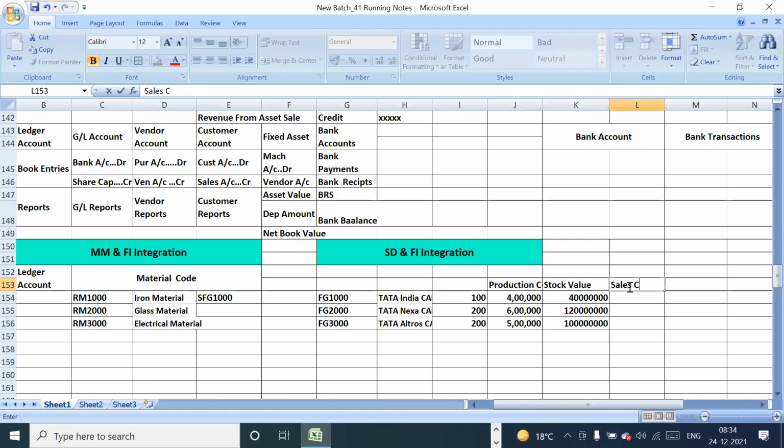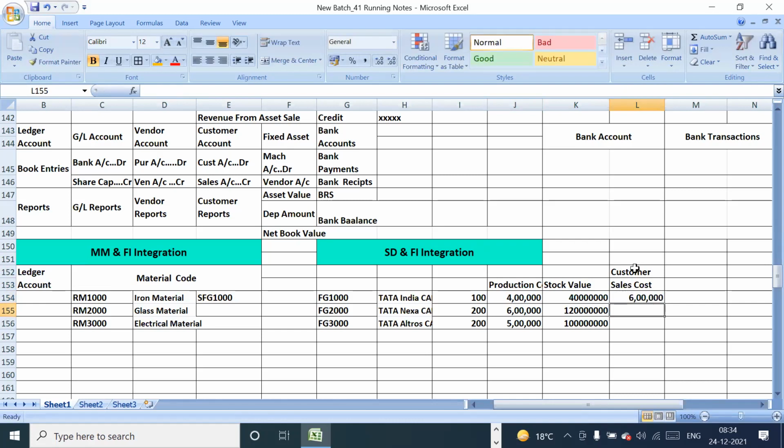And the sales cost is different. So I'm going to put some margin when I sell to the customer. Maybe I can sell this car for some 6 lakhs.